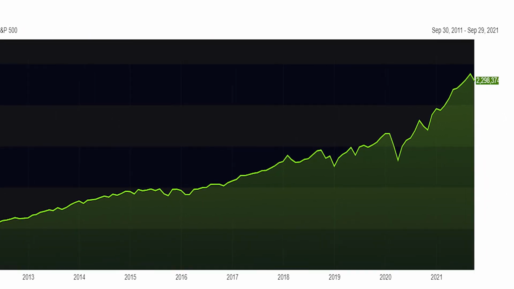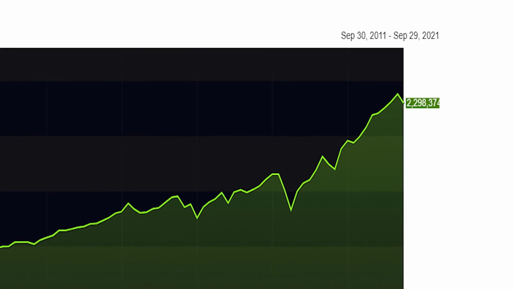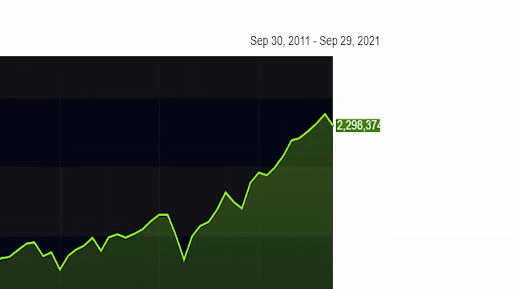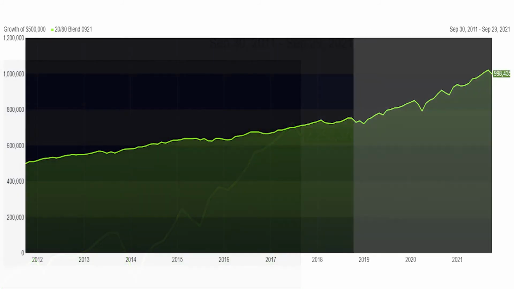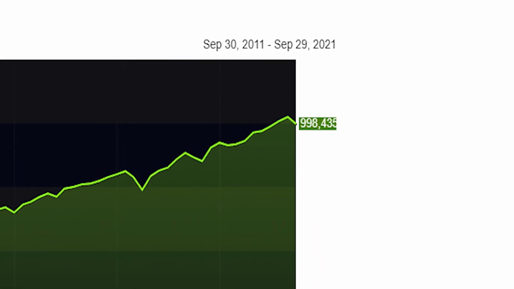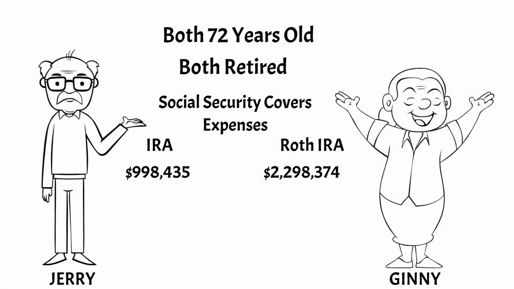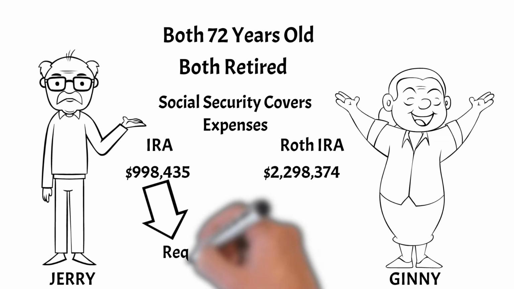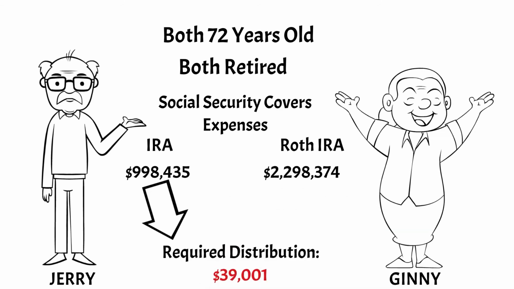However, Ginny's tax-free Roth IRA now stands at nearly $2.3 million, where Jerry's taxable IRA is under $1 million at $998,435. Again, assuming the year ends with these same values, his age 72 required minimum distribution is only $39,001.